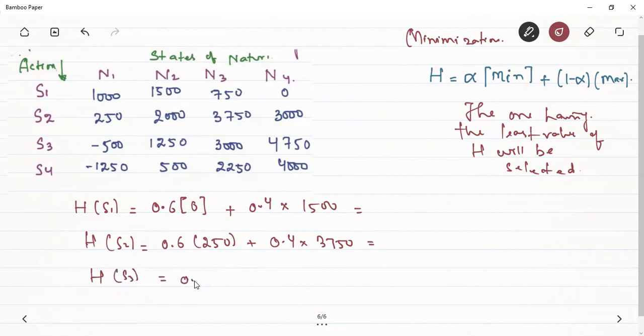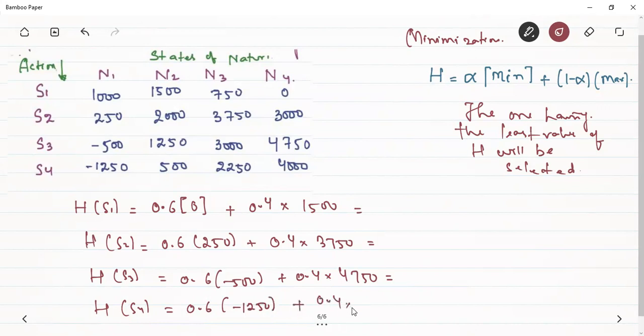H of S3 will be equal to 0.6 multiplied by the minimum value, which is equal to minus 500, plus 0.4 multiplied by the maximum value, which is equal to 4750. And finally, H of S4, that is 0.6 multiplied by the minimum value, which is equal to minus 1250, plus 0.4 multiplied by the maximum value, which is equal to 4000.